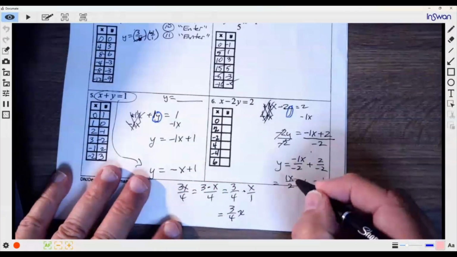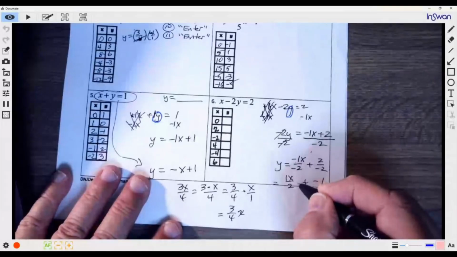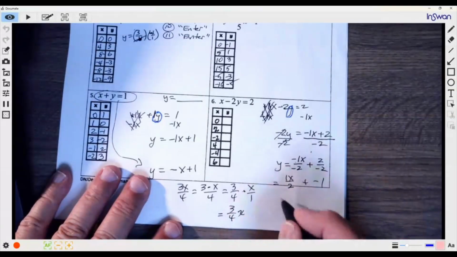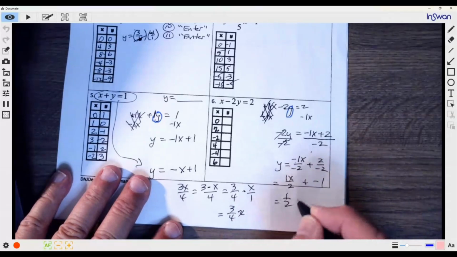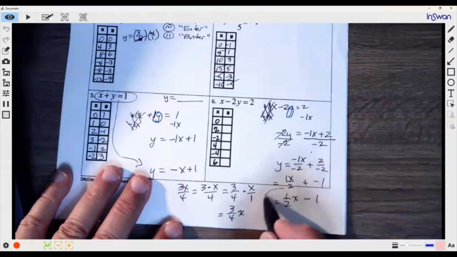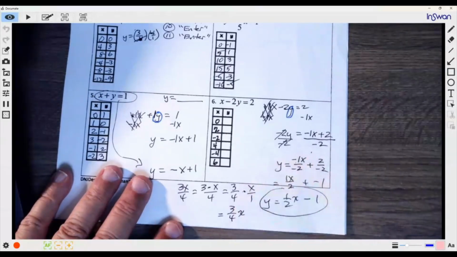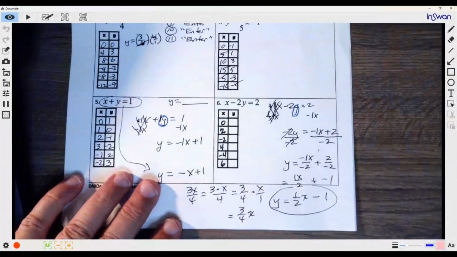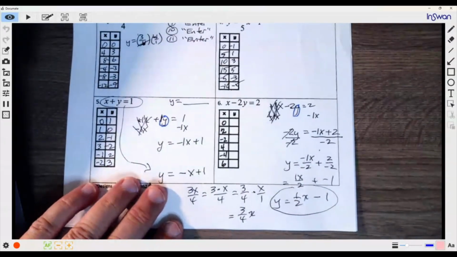So I'm going to take this x and move it out to the side of the fraction bar, like we have here. 1/2 x, and then plus negative 1 is -1. There is our equation rewritten in a different form.